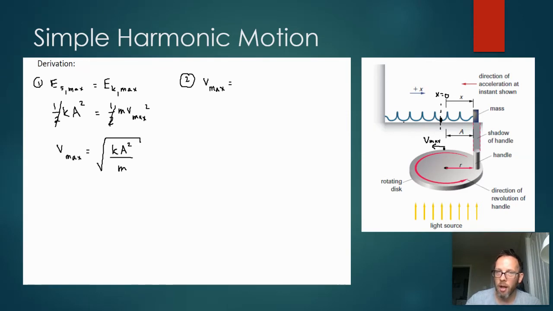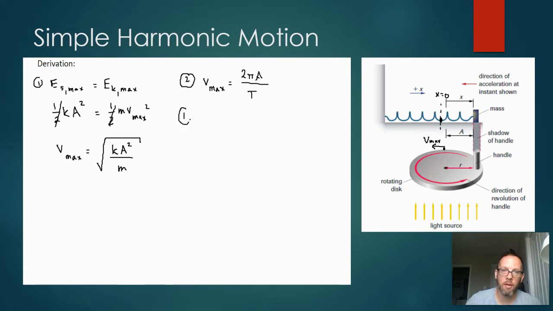So we can also say that v max is the distance the handle travels around the disk, which is its circumference, 2 pi r or 2 pi A, over the period, the time it takes for the handle to go all the way around.